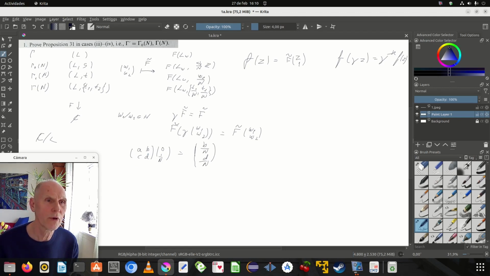You see, if we are in gamma n, then b and c are equivalent to naught modulo n, which means that these are integers, so they actually lie in the lattice L omega.